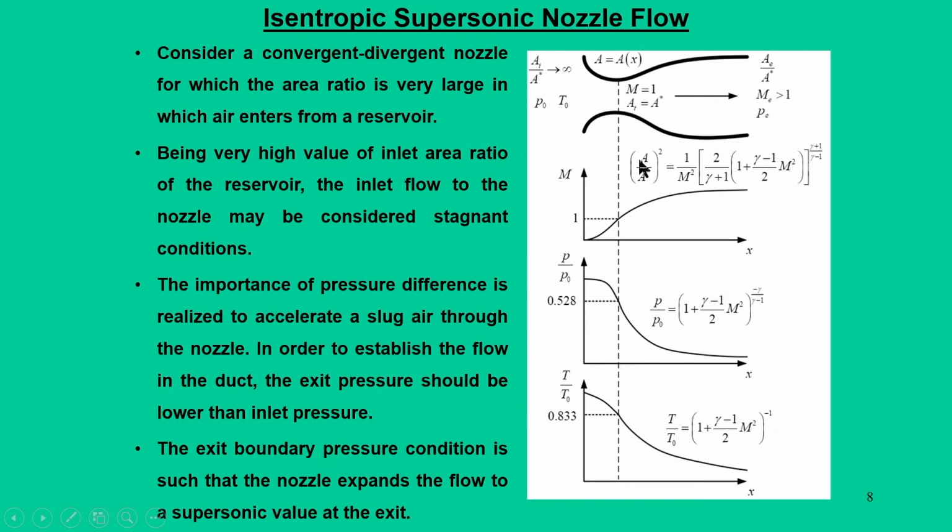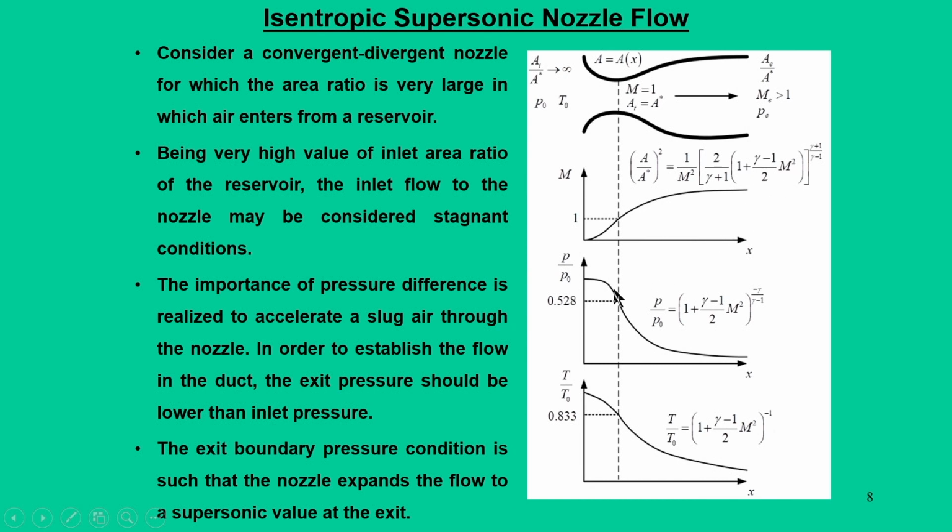If you look at this Mach number versus x plot, you will see that the Mach number continuously increases till sonic, then further increases, and finally, based on this area, the Mach number is fixed at this particular location. So, a fixed value of Mach number, we call this the exit Mach number, ME, is achieved at the exit of this nozzle.